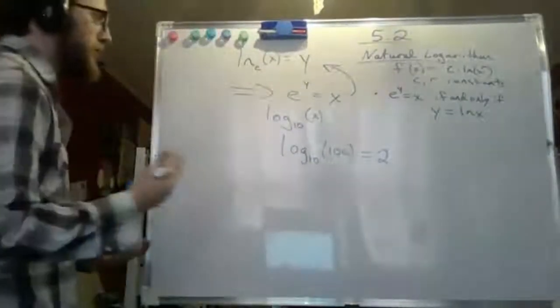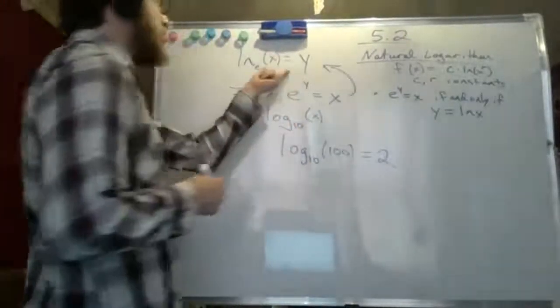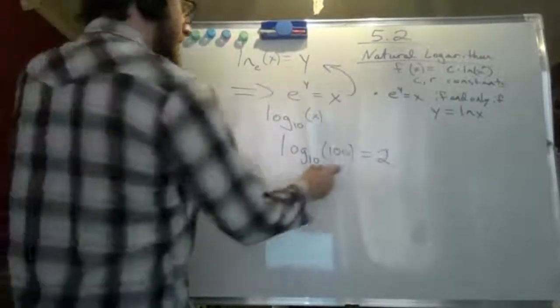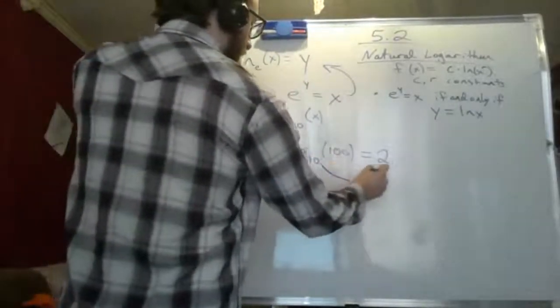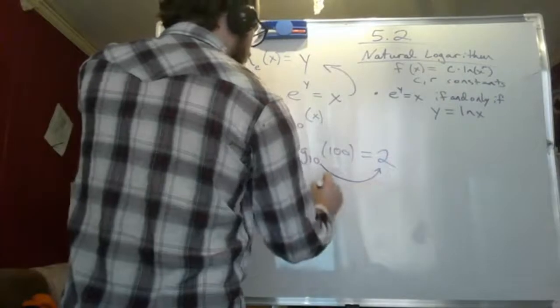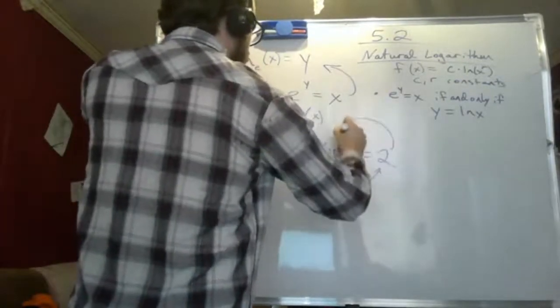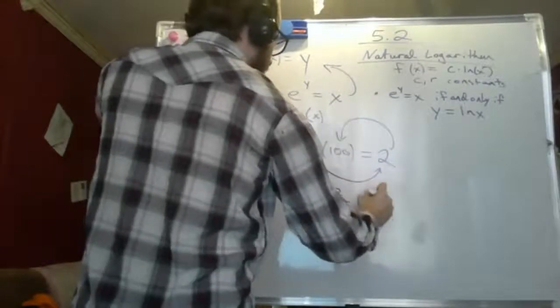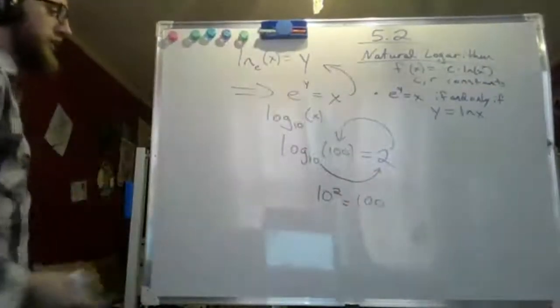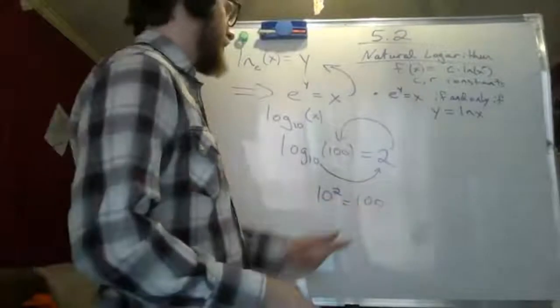But the nifty trick with this is that the same rule we have up here also applies here. You take your base, raise it to this power, so 10 squared, and then that's supposed to equal what's on the inside, 100. And obviously, 10 squared equals 100.